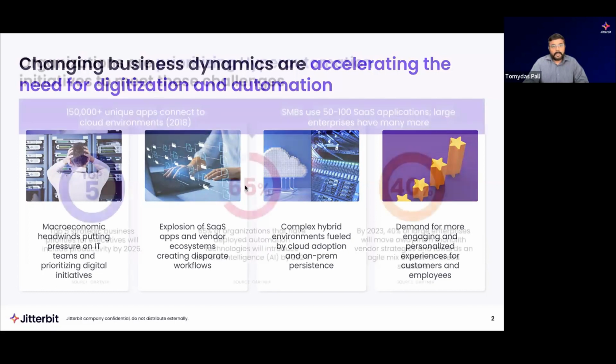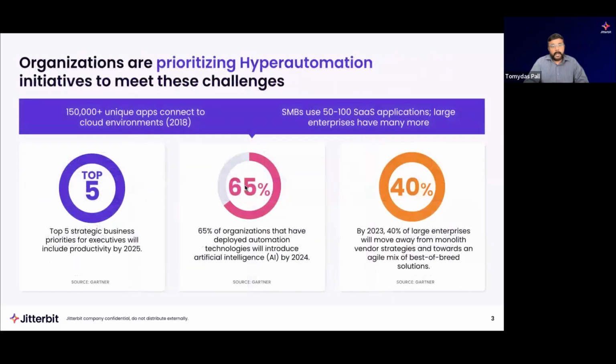Now let's look at how true this is, or whether there is any data to back it up. Some of the information you see in this slide is based on a recent Gartner survey.